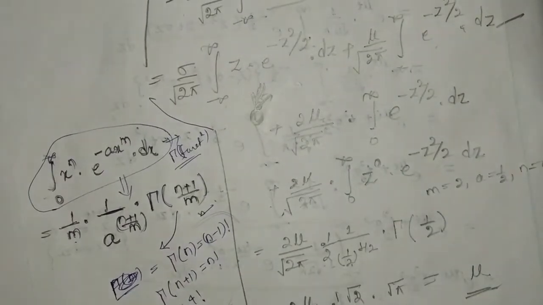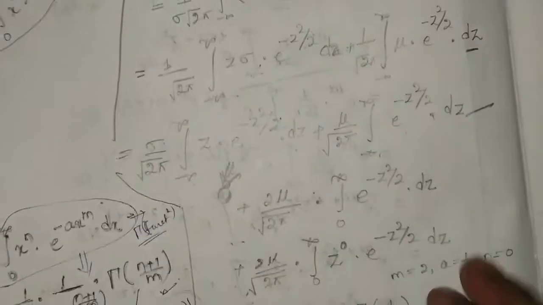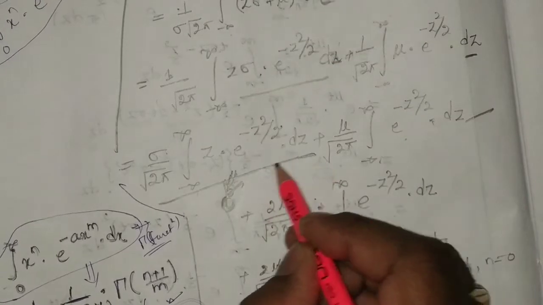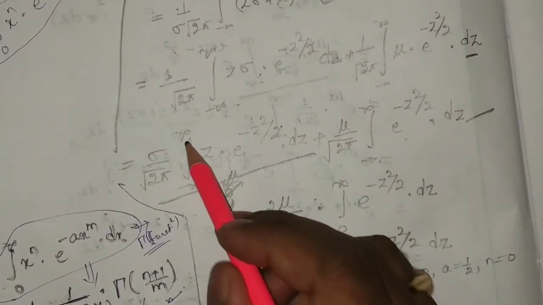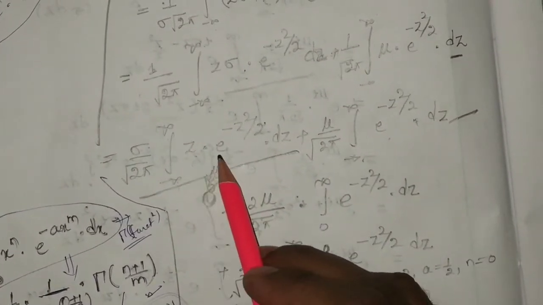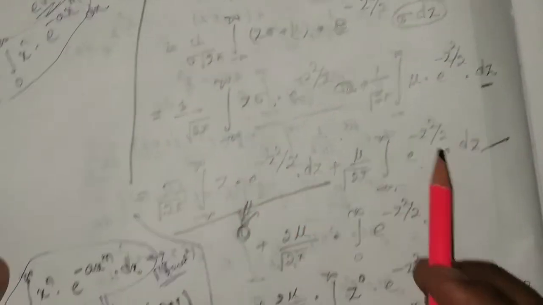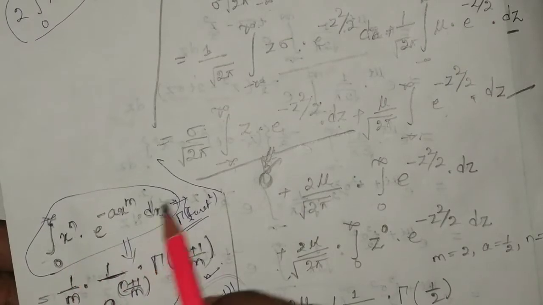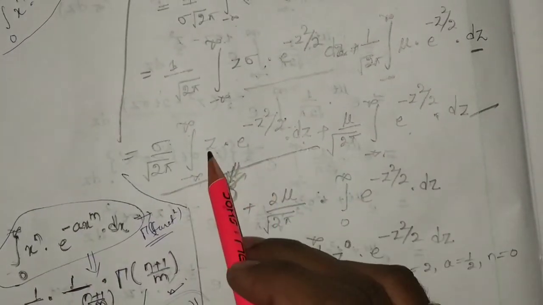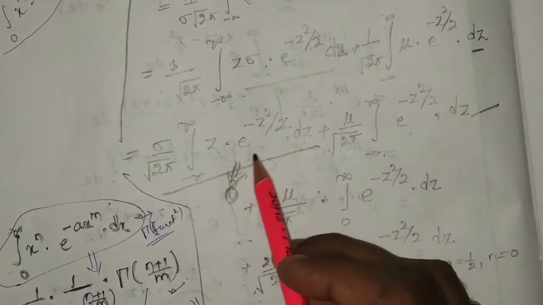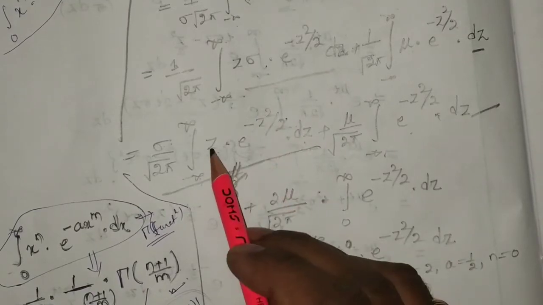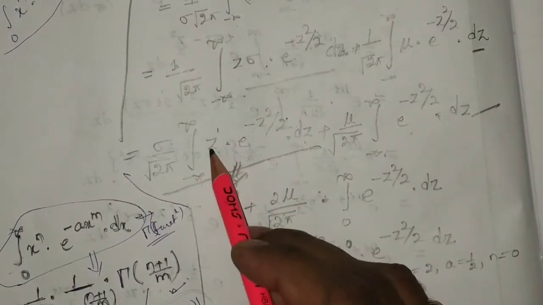So now here you can find this integration from minus infinity to plus infinity, z e to the power minus z square by 2 into dz. Actually this integration is written in the x format, here it is in z format. So here, an exponential function is always even, but z to the power 1 itself is an odd function.